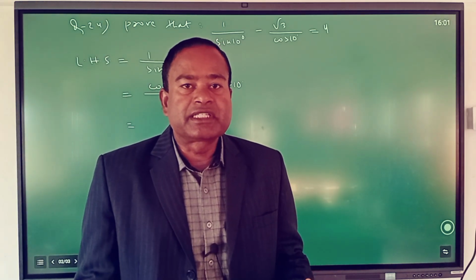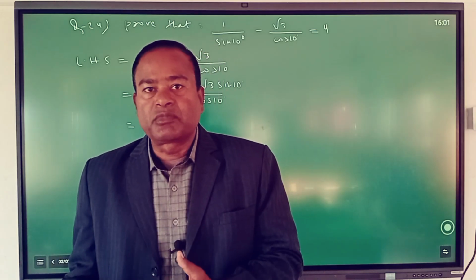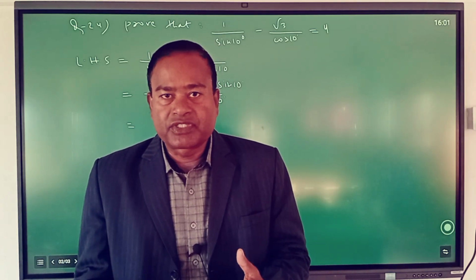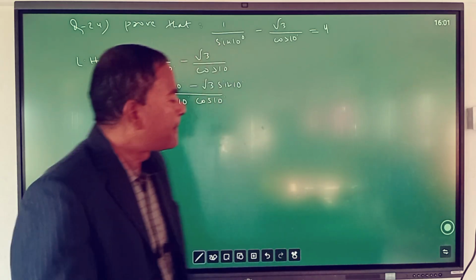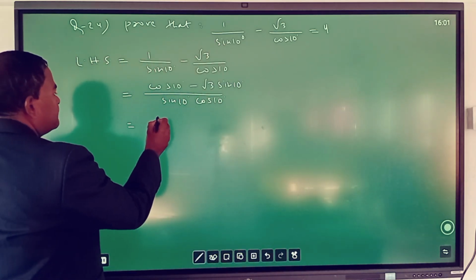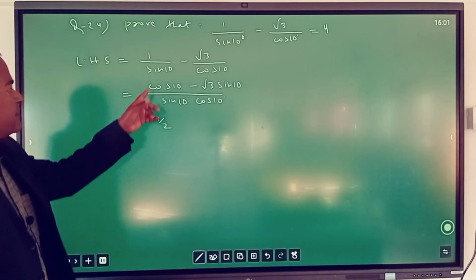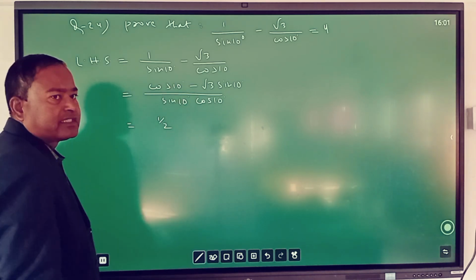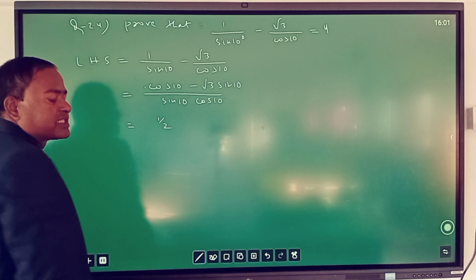So let's divide each term of the numerator by 2 and let's multiply it by 2 in order to balance the system. So let's divide the coefficient of the first term cos 10 degree. The coefficient of first term we can suppose 1.